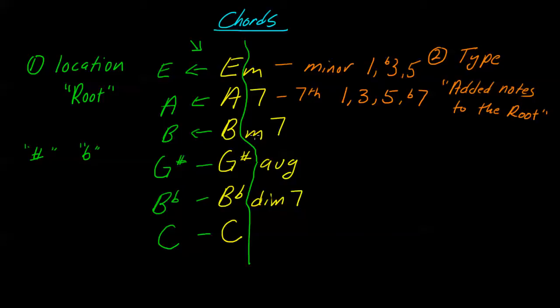And this B minor 7th type of chord is a minor 7th chord. And all minor 7th chords include the notes 1, flat 3, 5, flat 7th notes.